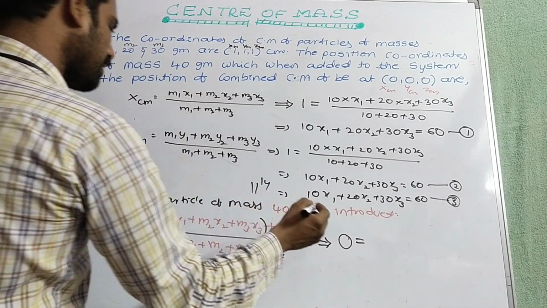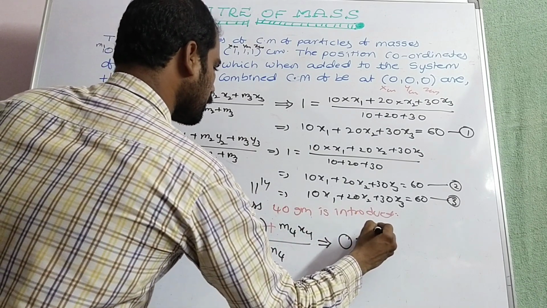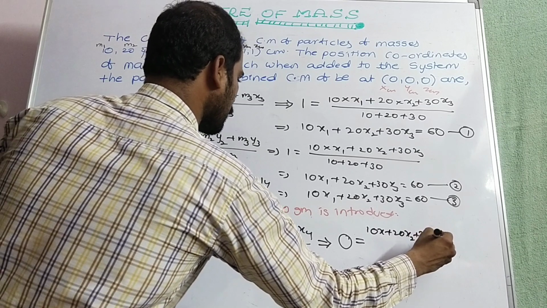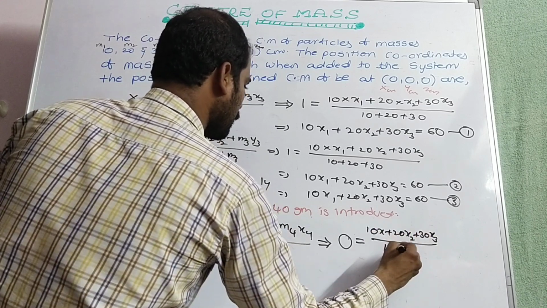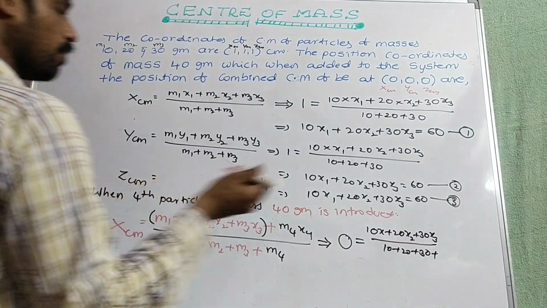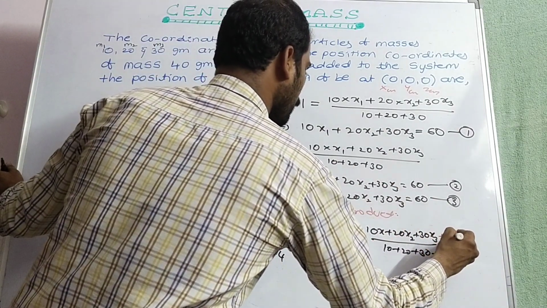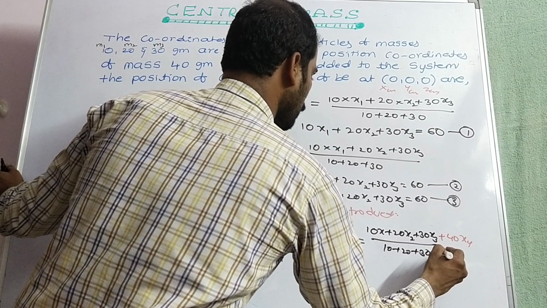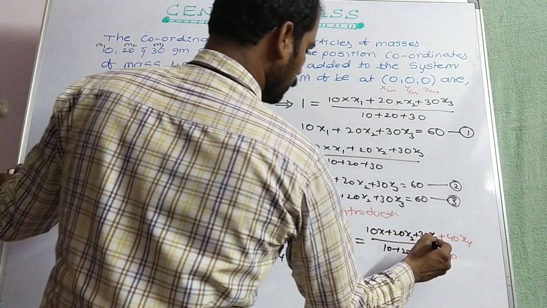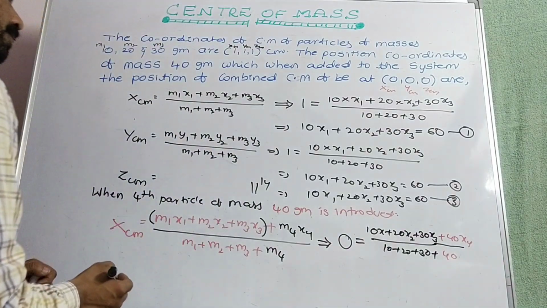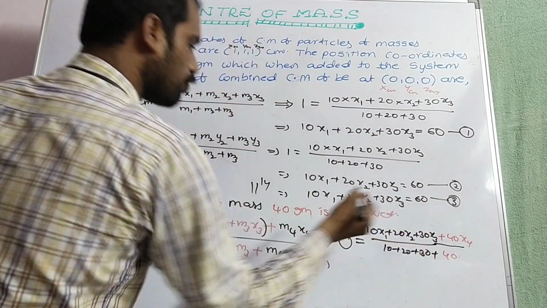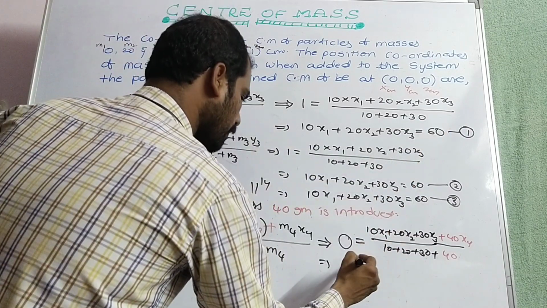So I can write 10x1 plus 20x2 plus 30x3 by 10 plus 20 plus 30, plus the fourth term, 40x4 by 40. Instead of 10x1 plus 20x2 plus 30x3, I can write 60.